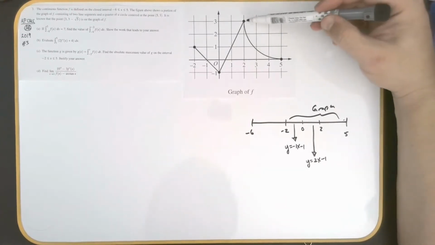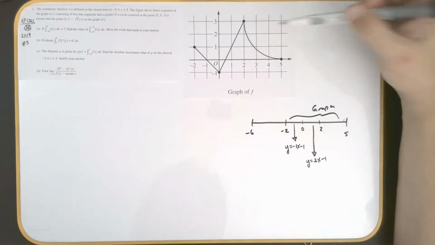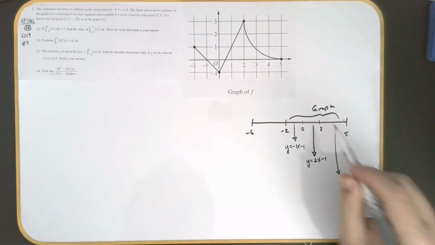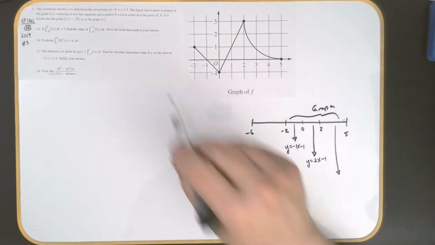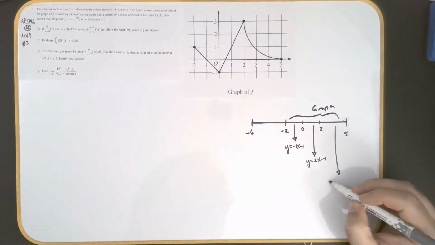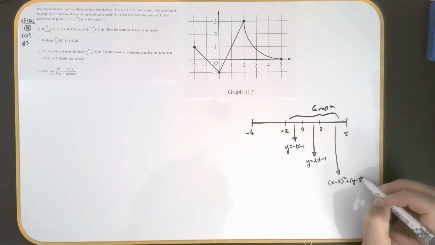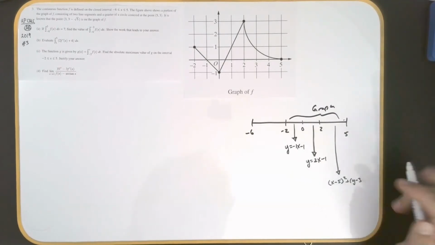And then here they say we have a quarter circle. Well, if you have a quarter circle, your geometry knowledge should tell you, and by the way, it does say that it's centered at (5, 3), right here, that the equation of a circle is going to be (x - 5)² + (y - 3)², and we just have to figure out the radius.